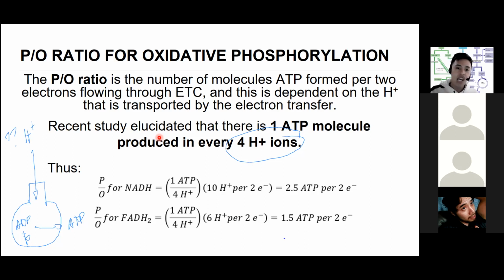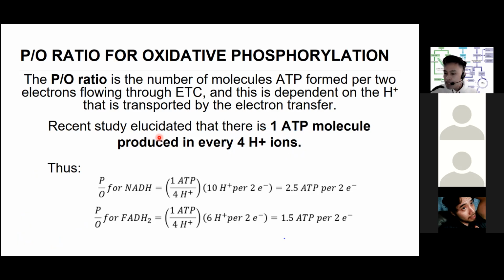So for every 4 hydrogen ions that re-enter the ATP synthase, it is able to produce one ATP molecule. So for NADH, how many hydrogen ions does NADH pump, class? We are able to pump 10 hydrogen ions, correct?